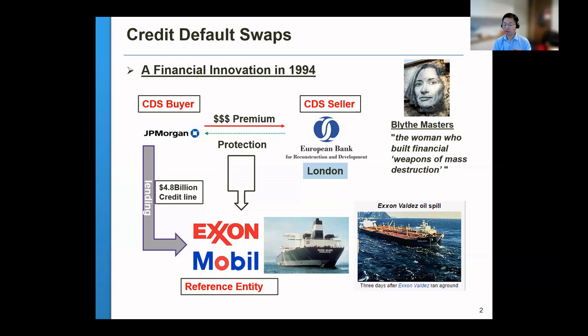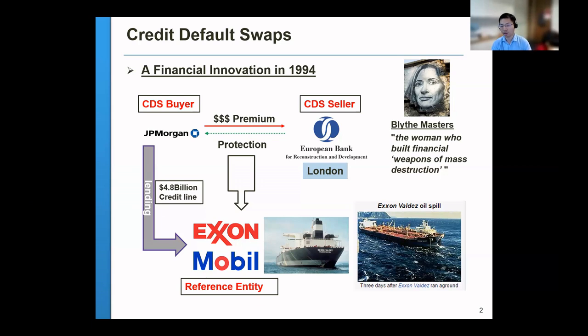Most of the reference entities will be bonds. The fixed income market is pretty big, and at that time, even nowadays, there are very limited financial instruments to transfer credit risk from one party to another. CDS is the best one. So that's why the market boomed very fast.